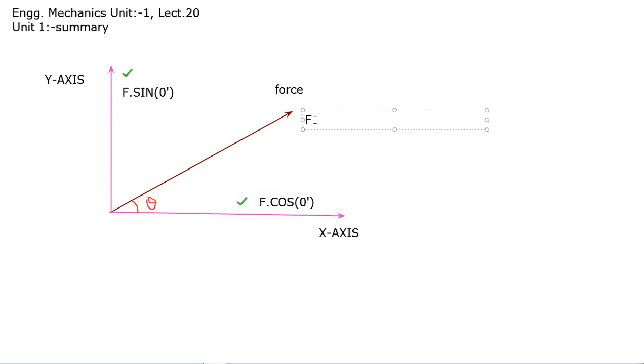Suppose your force F is 10 Newton and the angle is 30 degrees, then 10 cos 30 and 10 sin 30 will be the values of these two forces.